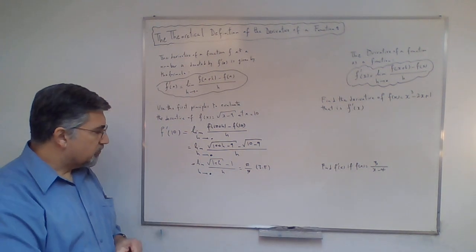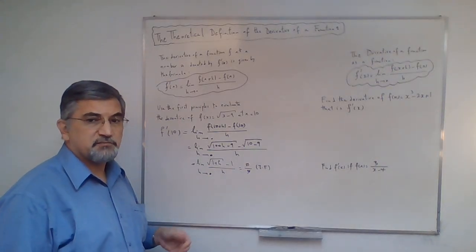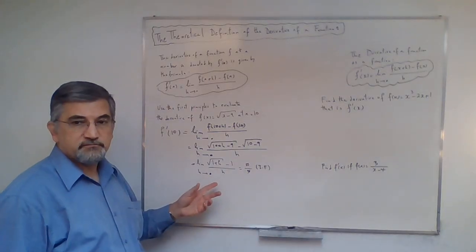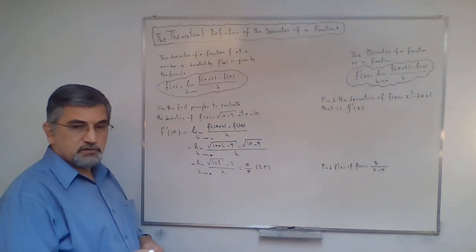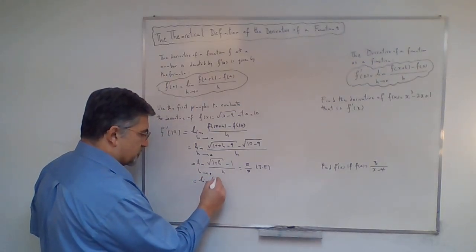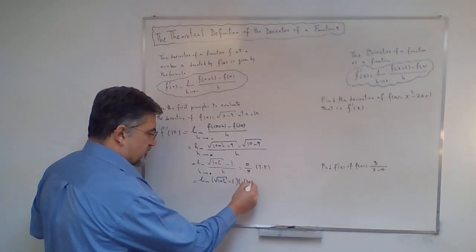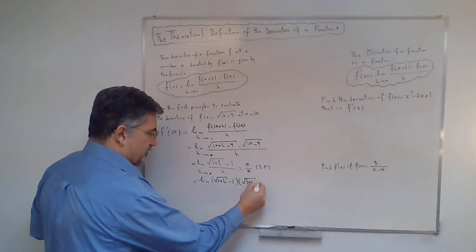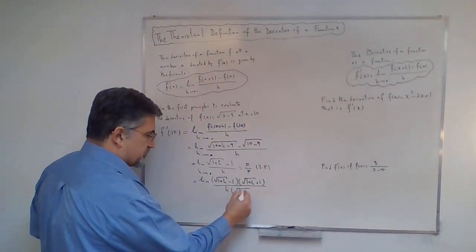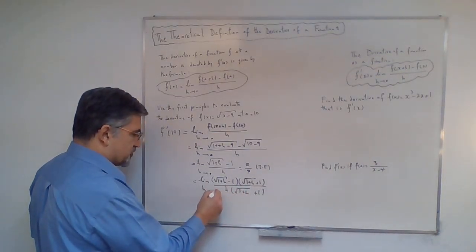So we need to use one of the techniques of limit computation that we have learned in the past, and frankly we have learned so many of them, to find this limit. We are going to use the rationalizing technique here, and you know how to deal with these kinds of questions. I'm going to multiply by the conjugate radical of the numerator. So both the numerator and the denominator are multiplied by the square root of 1 plus h plus 1, when h approaches 0.